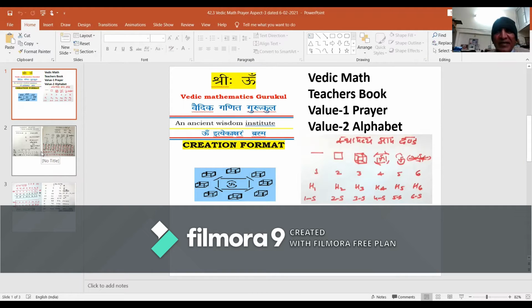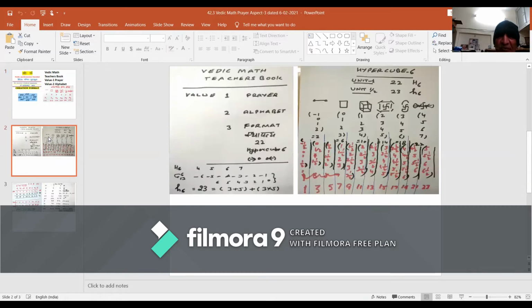We are visiting Vedic Math Teachers Book Values. In the previous sessions, we have been face to face with value 1 prayer and value 2 alphabet. Today, we will be face to face with the third value.